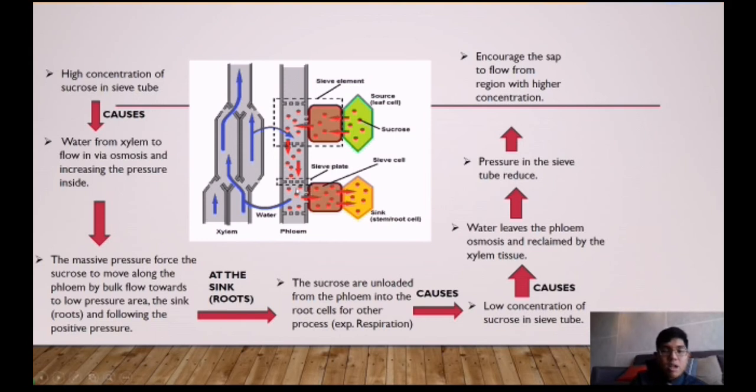This drop will cause water in the sieve tube to flow back into the xylem via osmosis, and the pressure inside will be reduced. As a result of the reduced pressure, the sap from the area with higher concentration will flow to the area with lower concentration, so that the mechanism can be repeated continuously.